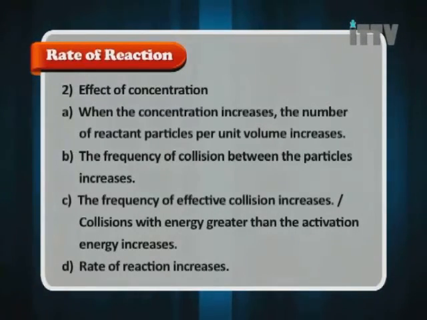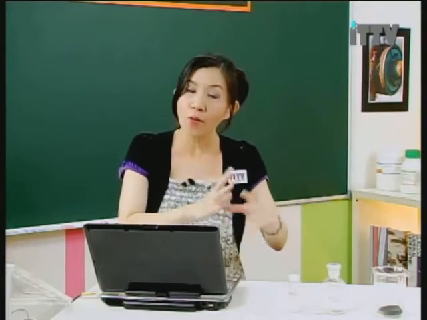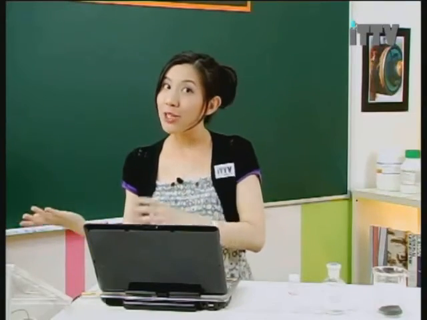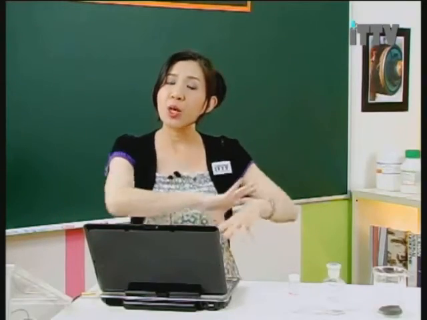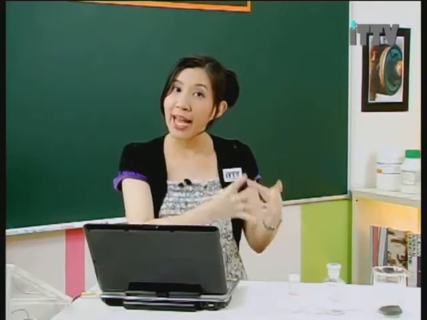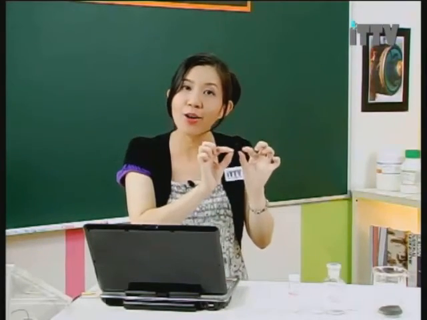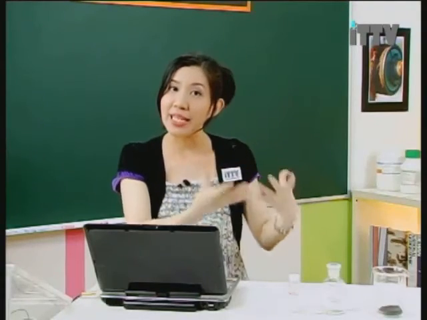Now, this means that if we increase the concentration of the reactant particles, we can increase the rate of reaction. A very straightforward analogy: when we increase the concentration of reactants, we're actually increasing the number of reactant particles per unit volume, as in how many particles per milliliter.